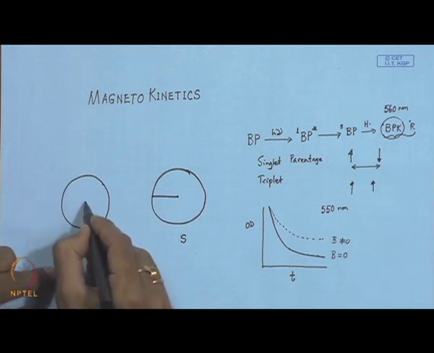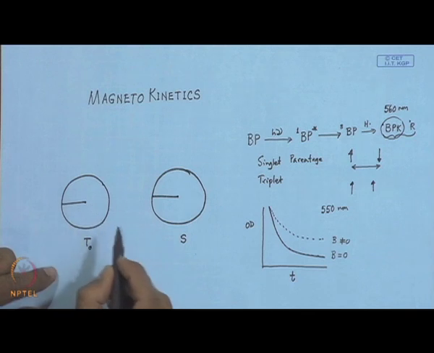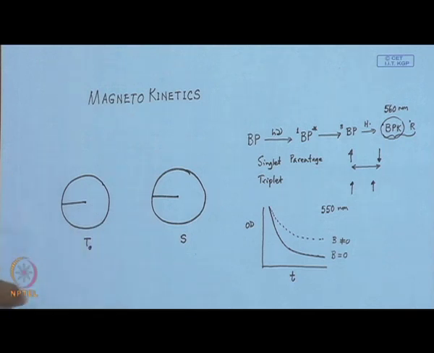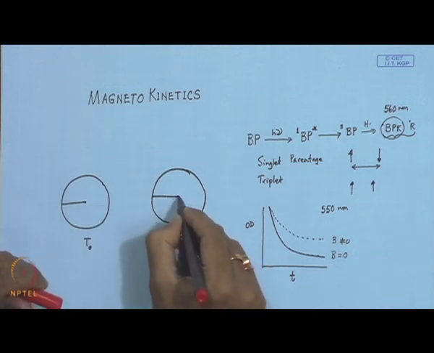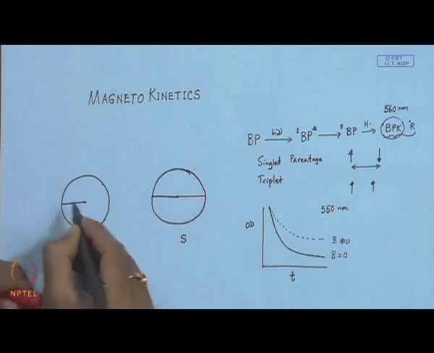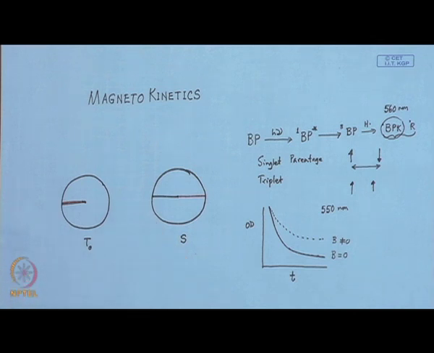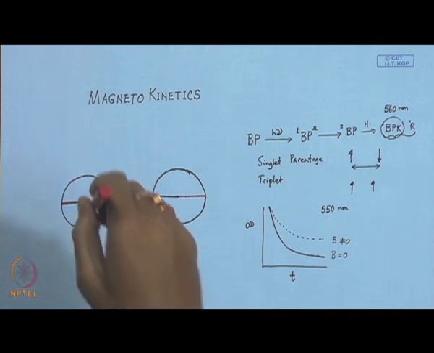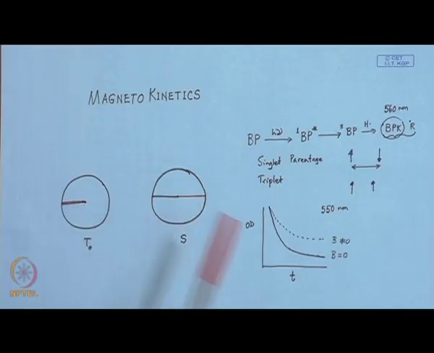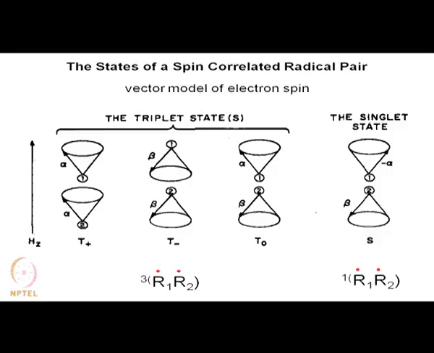Then the other vector here is in the same direction. If you view from the top, you have to view from the top. So this is truly spin opposed, therefore it is singlet. Now, the question is how this singlet to triplet transition is happening.